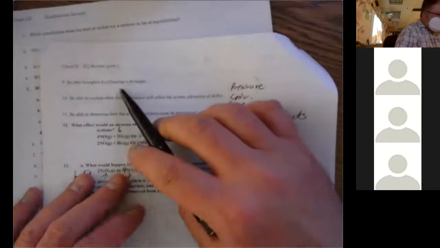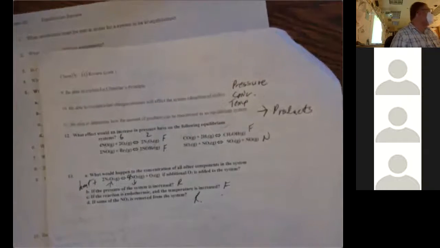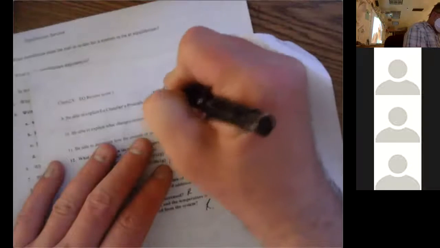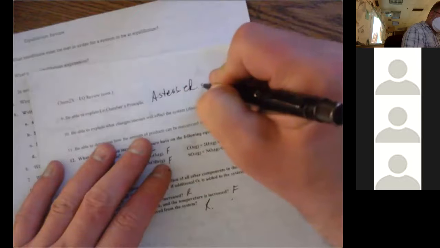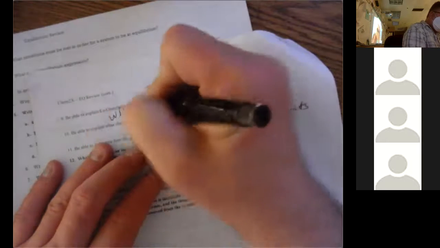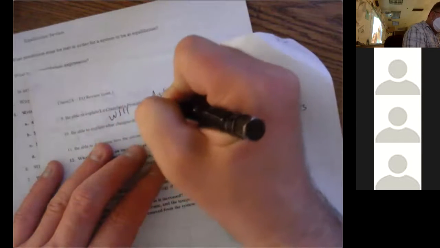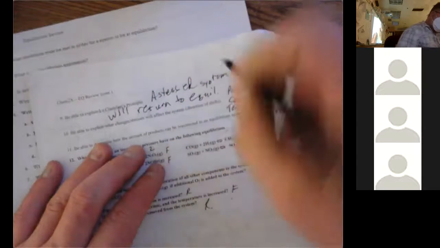Be able to explain Le Chatelier's principle. Basically, Le Chatelier's principle says that a stressed system will return to equilibrium. So if you remove something, the system is stressed, it will make that something.